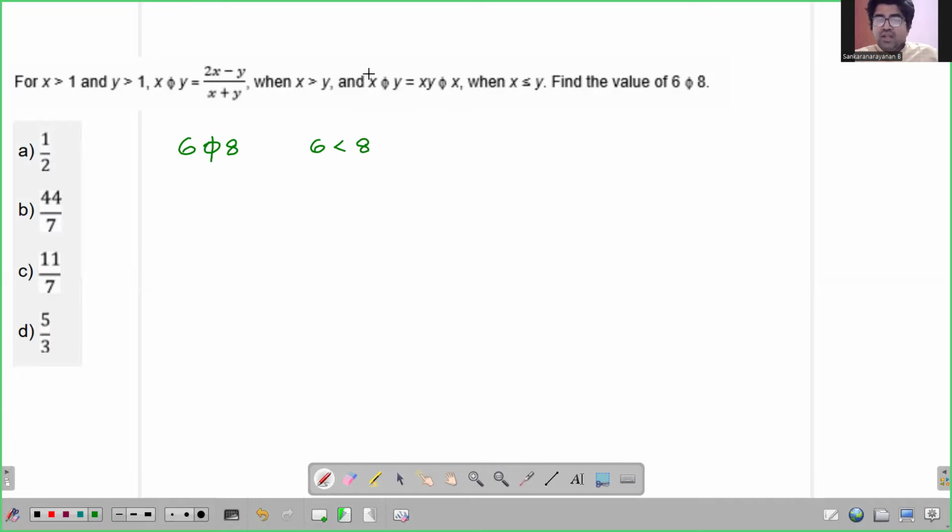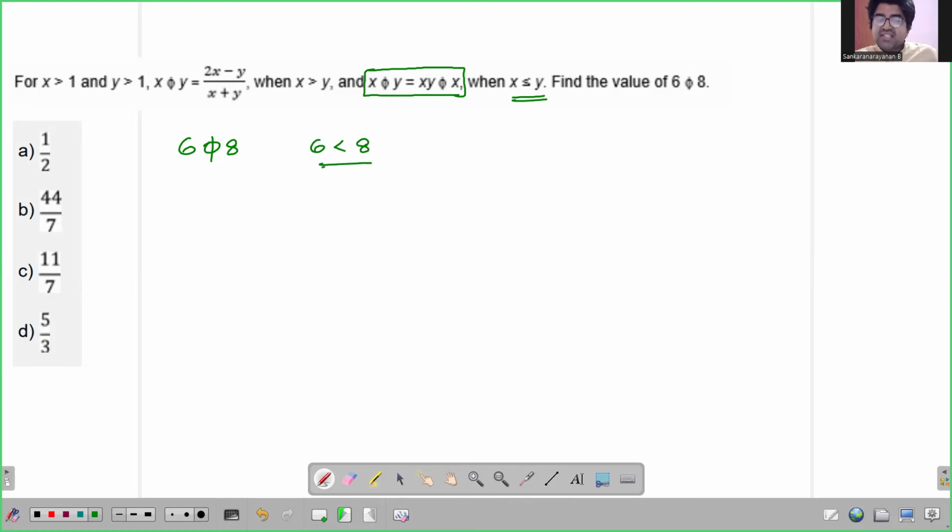So you have to start with this portion of that instruction. When x is less than or equal to y, you can see that x phi y is xy phi x. That's what is given.